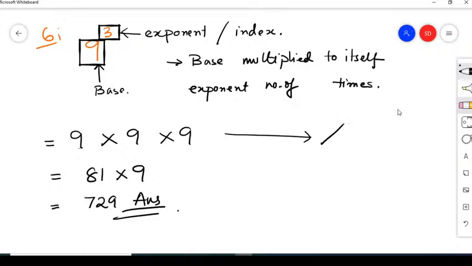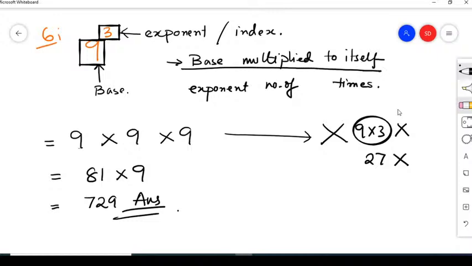It is not 9 into 3. This is wrong. 27 is a wrong answer. It is multiplied to itself. It's not base into exponent. It is base multiplied to itself, exponent number of times. So it's 9 into 9 into 9.